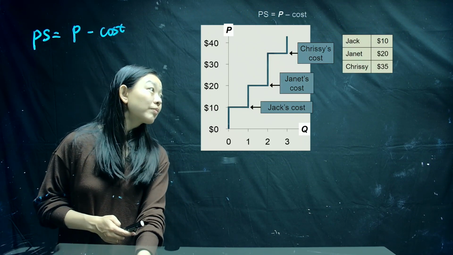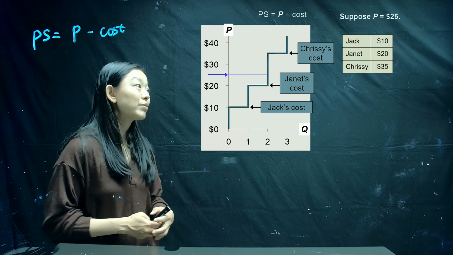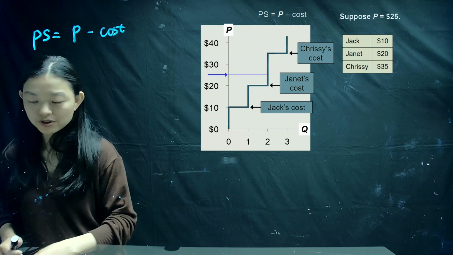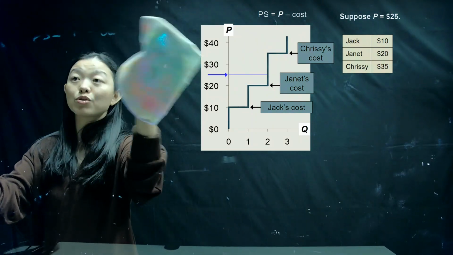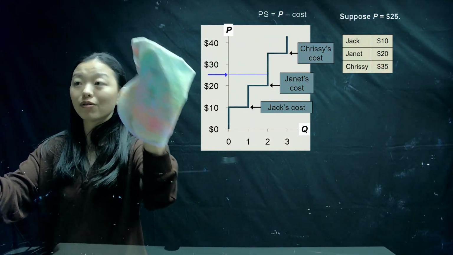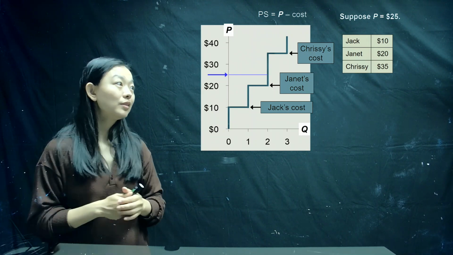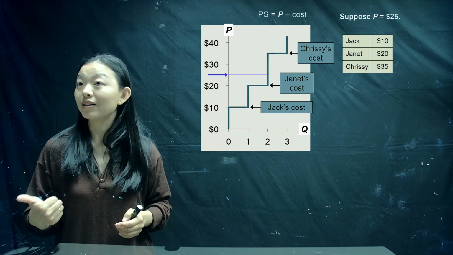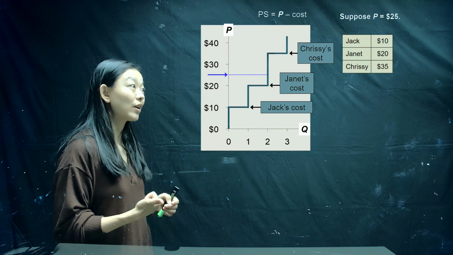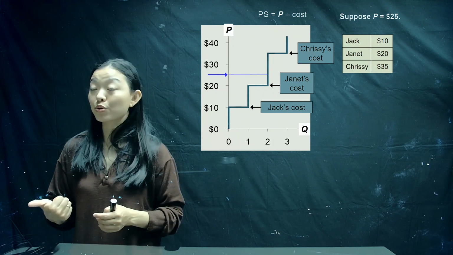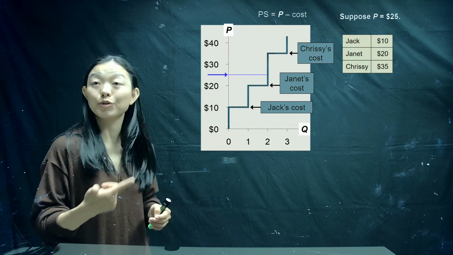You can see if now the market price is $25. So first you need to figure out, if the market price of the lawn cutting service is $25 per hour, who will offer this lawn cutting service? Jack will definitely offer the lawn cutting services, right? And would Jeanette like to offer the lawn cutting services when the market price equals $25? Jeanette, of course.